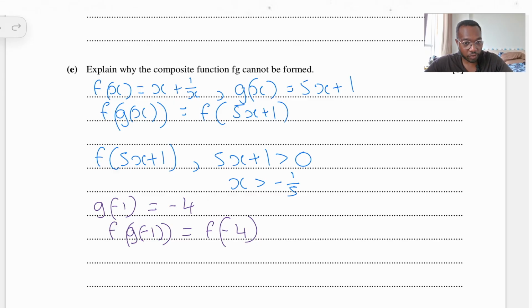They don't match each other. Because all the values of g of x do not match f of x, it cannot be formed.